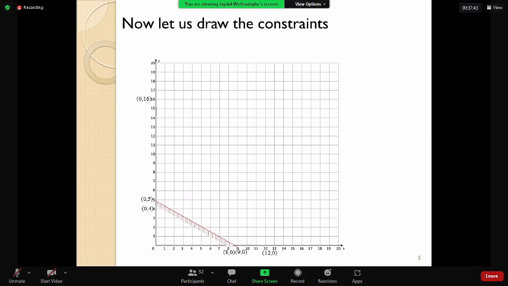Now for the second constraint, I will later explain how you find the less than side, because the less than side is not always the lower side. Some people think that if it is the less than side, you can shade the lower side, and when it comes to greater than, some people always mark the upper side from the line.